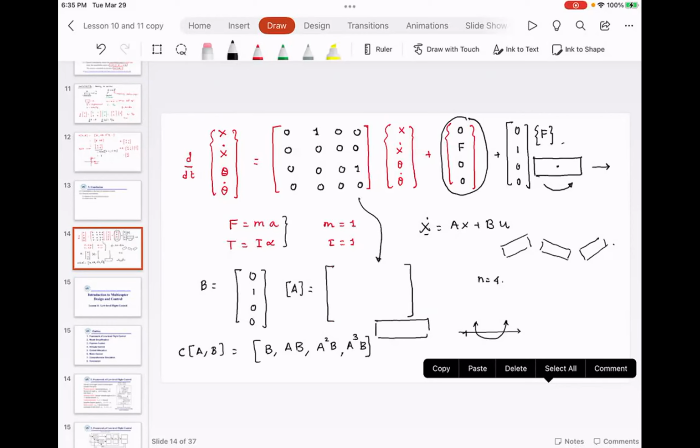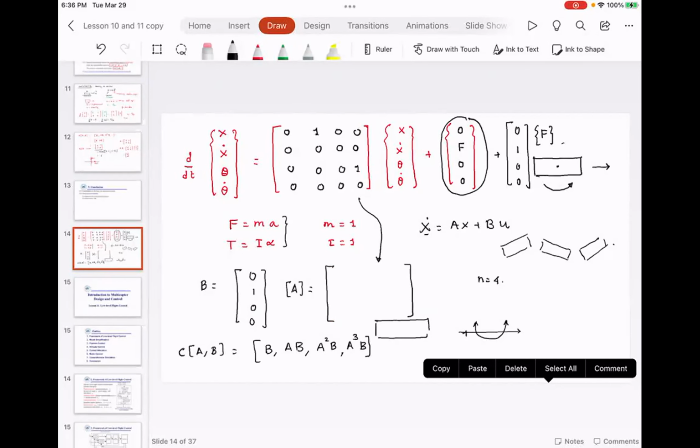Once again, say the system has 10 states. Out of those 10 states, only one state is directly related to the external force or torque. But all 9 other states are related to each other, and they are somehow related to the first state. What that means is that the external force is going to flow through this entire system and control all the states.